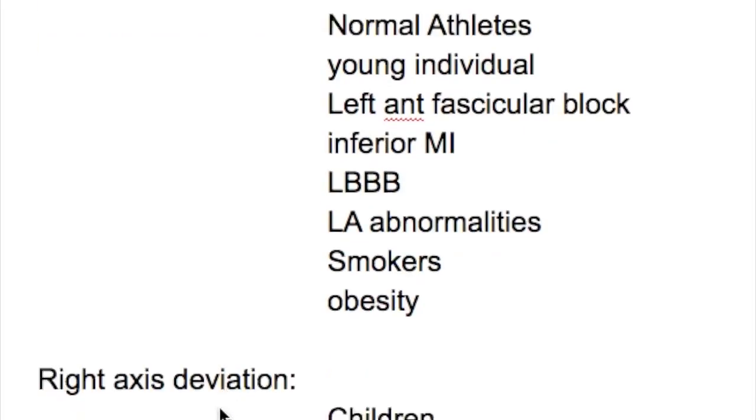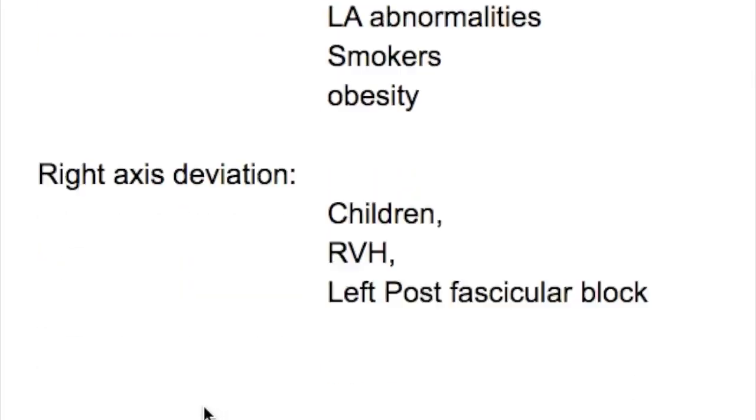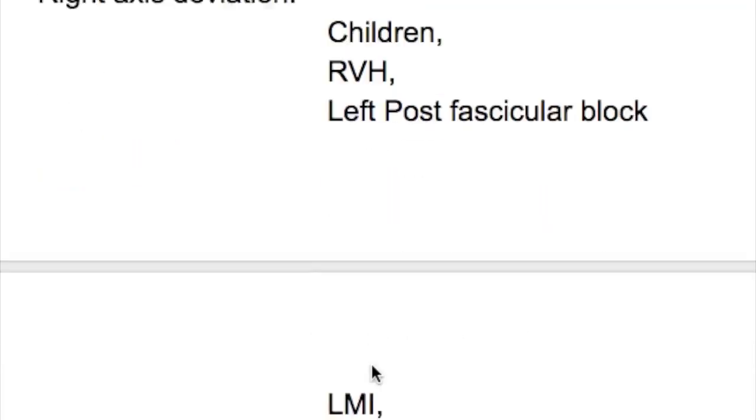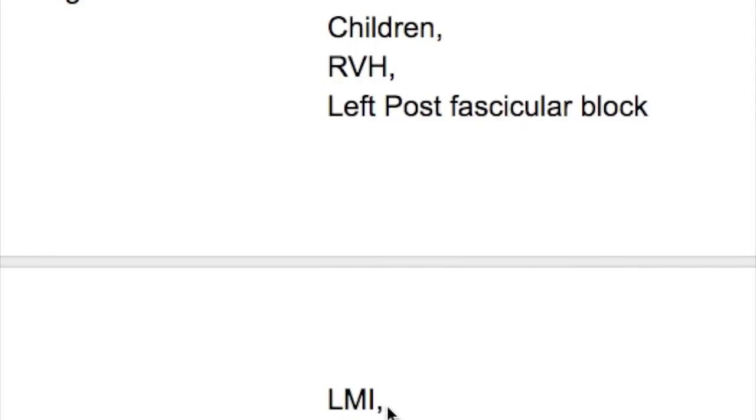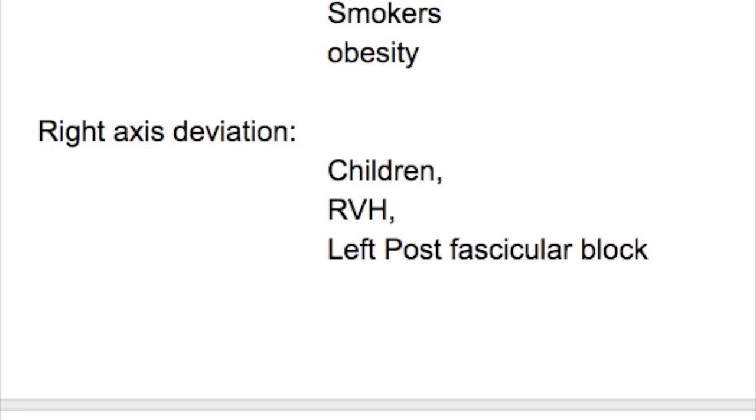So what are the causes of right axis deviation? It may occur normally in children, and also occurs in right ventricular hypertrophy, left posterior fascicular block, lateral myocardial infarction, dextrocardia, and left pneumothorax.